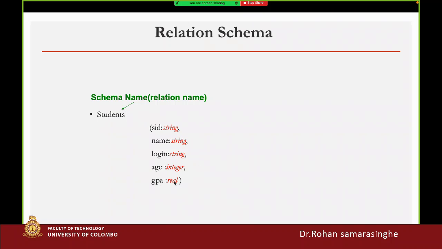GPA is real because the decimal points also you will have to write with that. And these are the field names, the attribute names. So these are the domains, and when you enter the values for each of these fields, you have to enter the right data type, otherwise you will be given an error message.